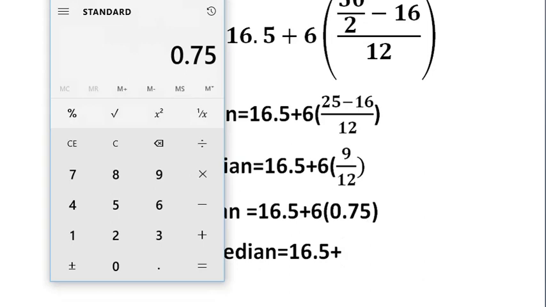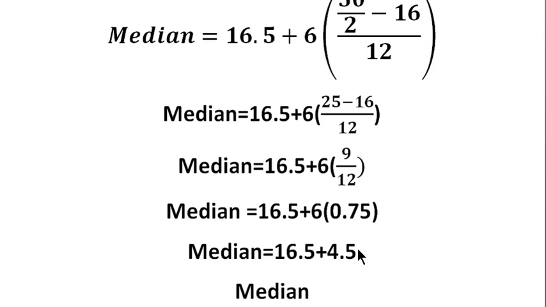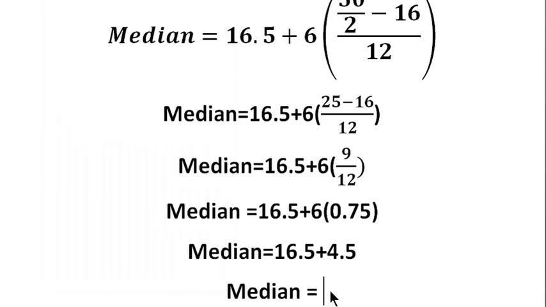We are almost done with this question. 0.75 times 6 gives us 4.5. Then finally the median will be equal to 16.5 plus 4.5. Finally we'll get 21. So the answer is 21.